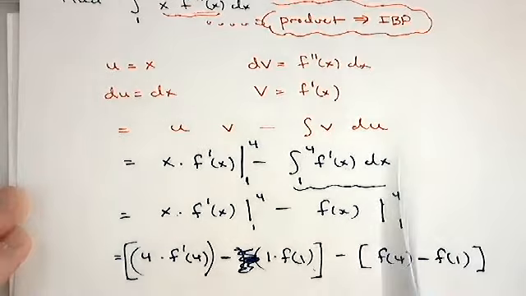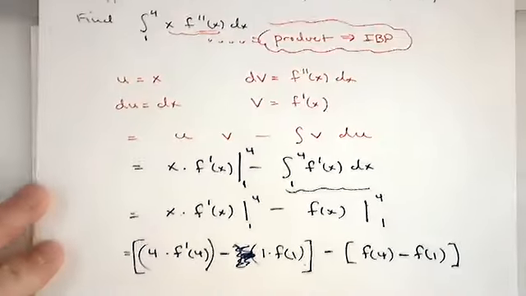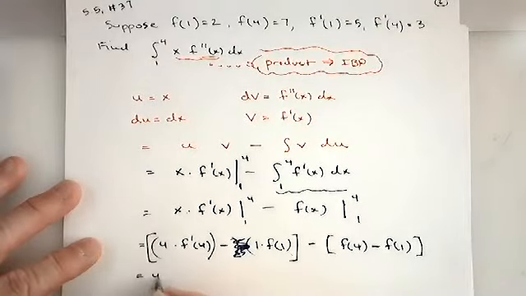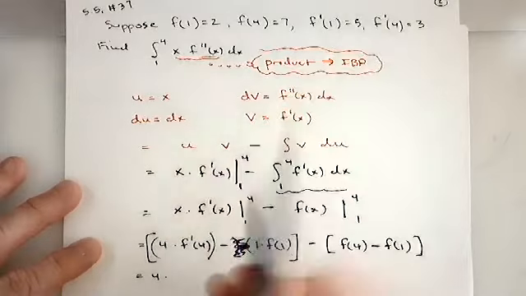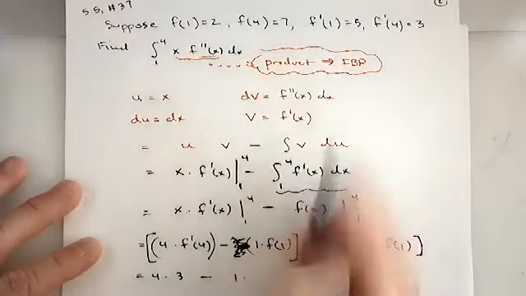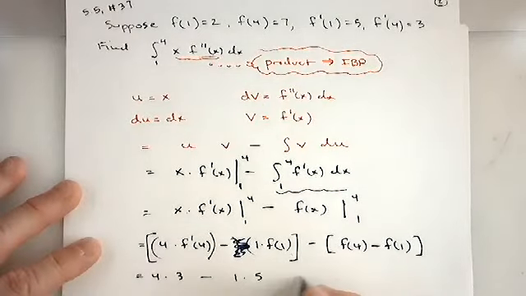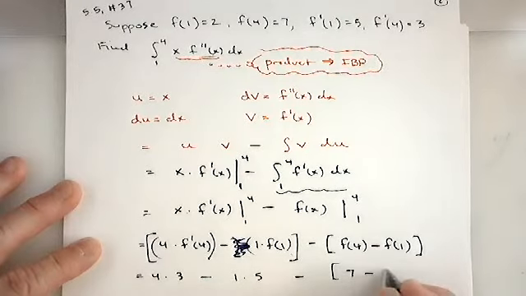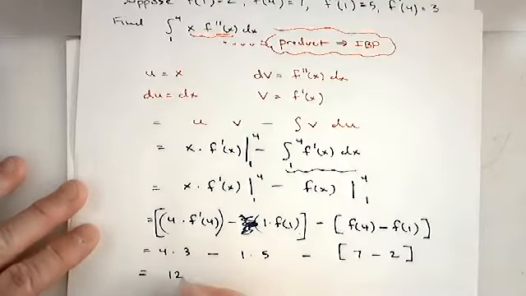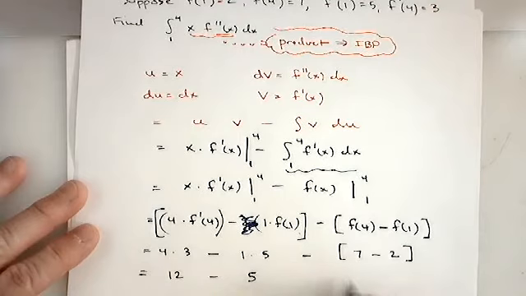And all this stuff was given up top. So you have 4 times f prime of 4, which was given to be 3, minus 1 times f prime of 1, which is 5. And then minus, f of 4 was 7, f of 1 was 2. 12 minus 5 minus another 5. I think the final answer should be 2.